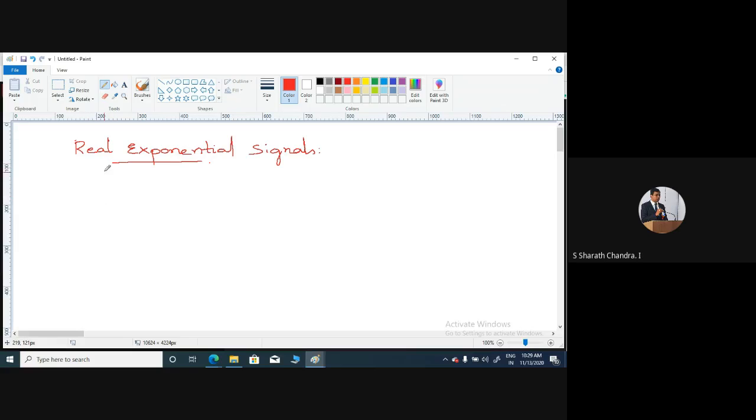A continuous time real exponential signal has a general form of x of t is equal to capital A into e power at, where both capital A and small a are real.